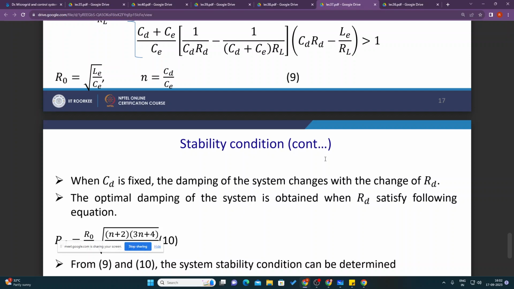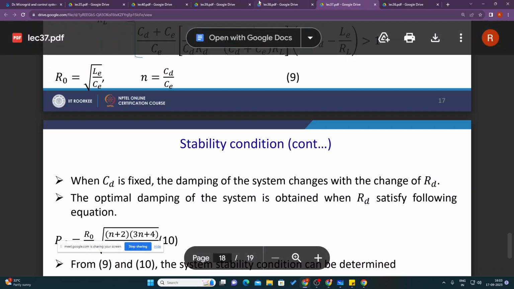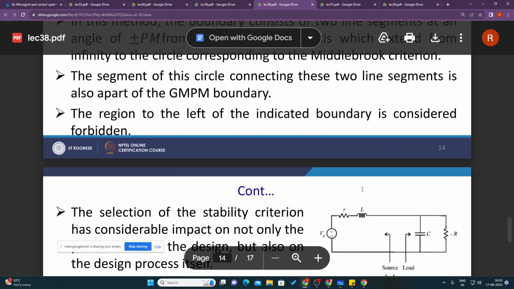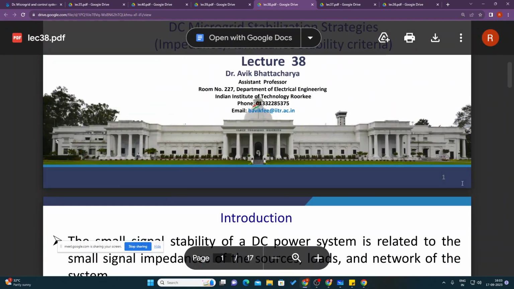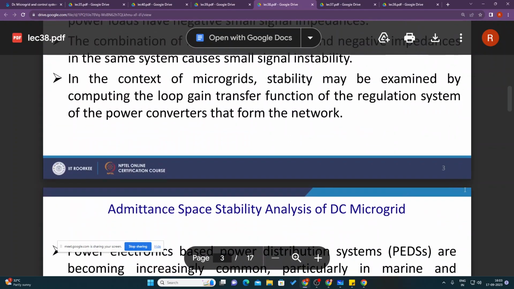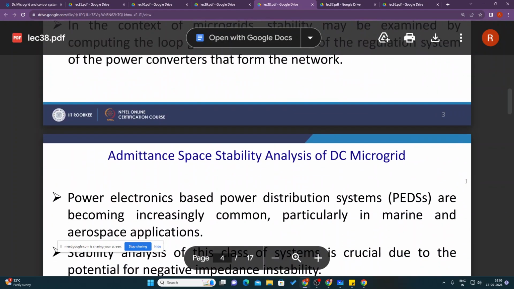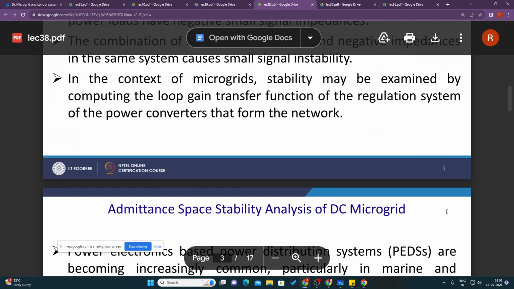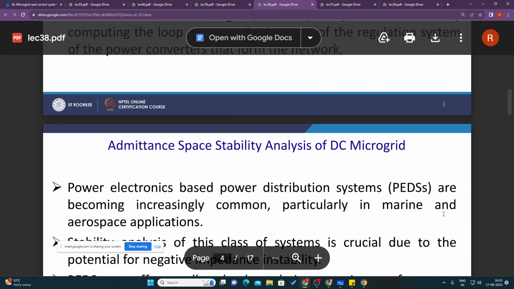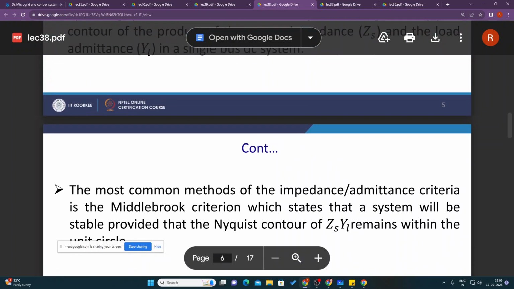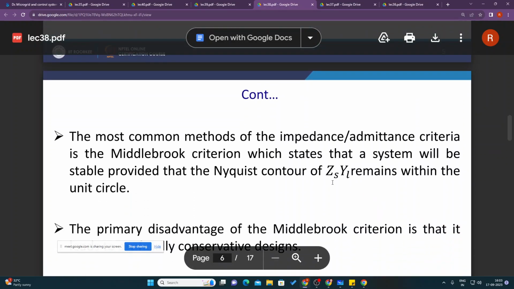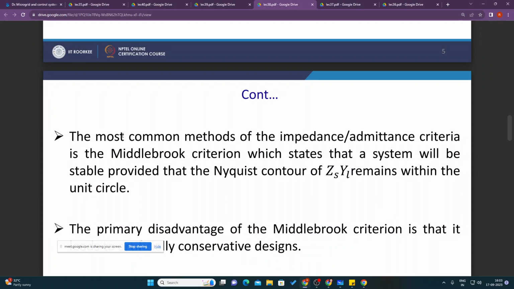Okay, now let's go to the next one. Next we have something very interesting: some special methods to analyze the stability criterion. The first method that we are going to discuss is the Middlebrook criterion.